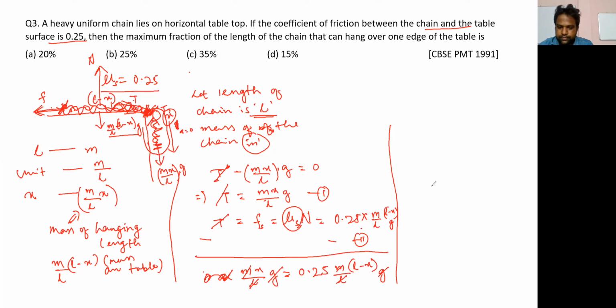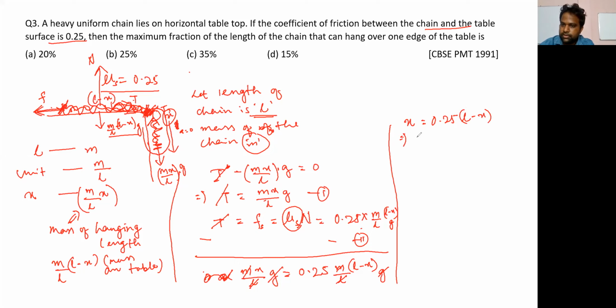So what we got is x is equal to 0.25 into (L minus x).